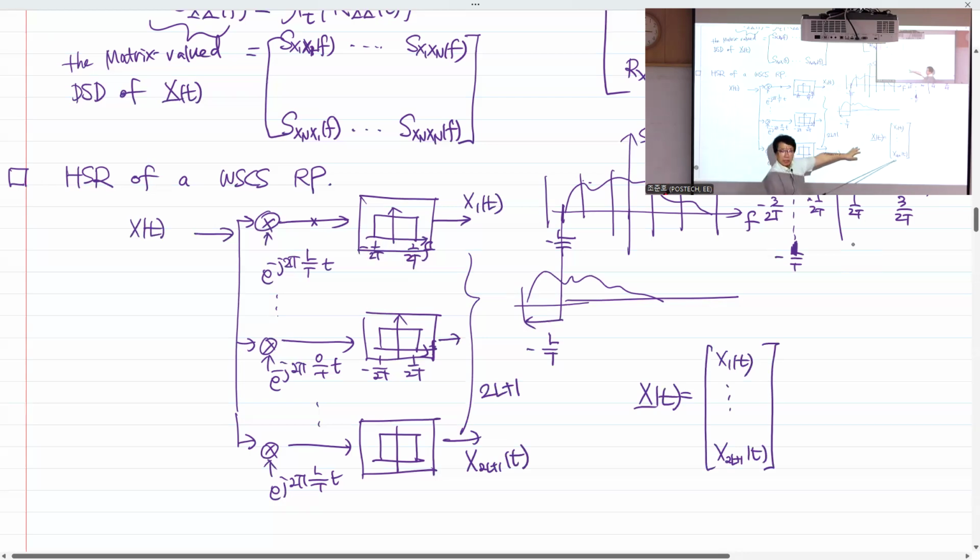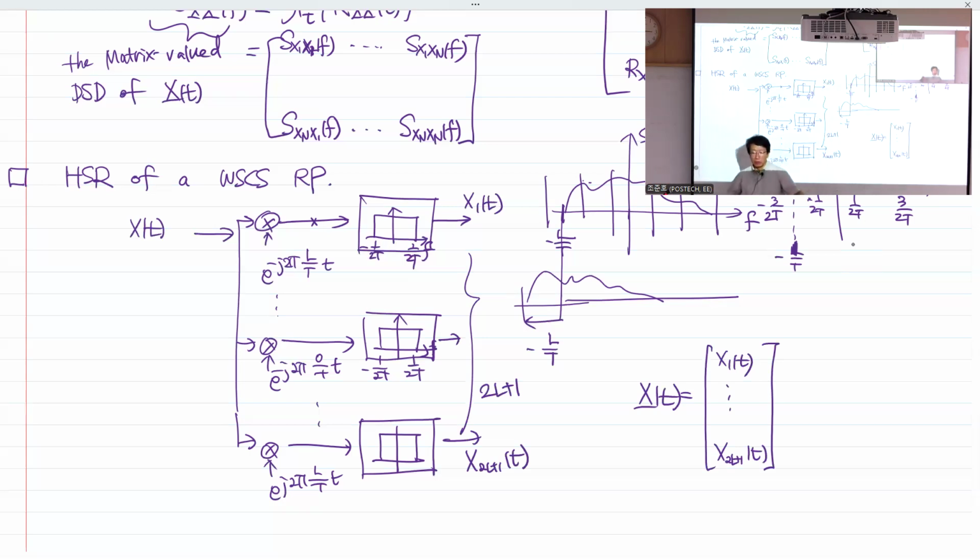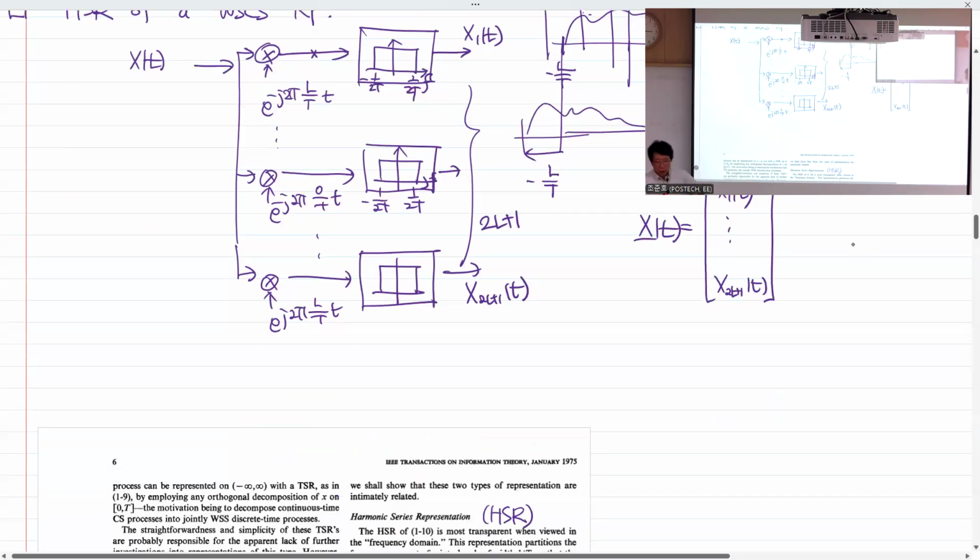Got it? From here, something looks very similar to what I just told you with a vector wide-sense stationary random process. Now, what's the relation between this x and that x underscore? You can easily say that x of t is simply what?